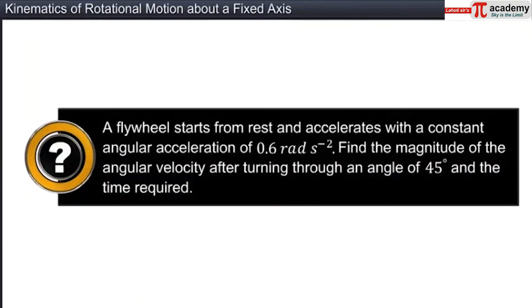Example: a flywheel starts from rest and accelerates with a constant angular acceleration of 0.6 radian per second square. Find the magnitude of the angular velocity after turning through an angle of 45 degrees and the time required.